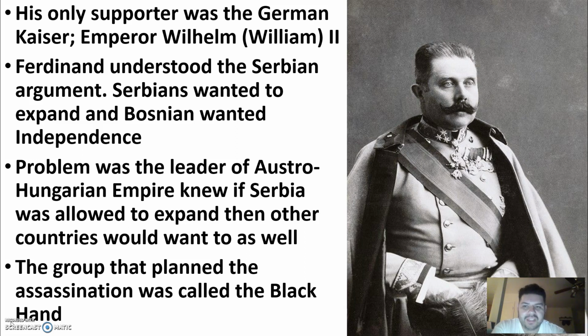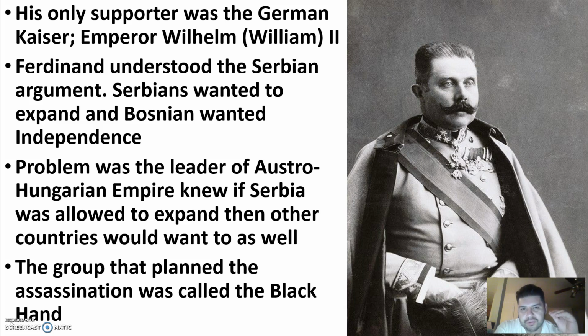What makes Bosnia so special that they get to be their own country? What makes Serbia so special that they can expand and we can't? So that was the thinking of Archduke Ferdinand's uncle. If you give them an inch, they're going to want a mile. So that was his thinking.